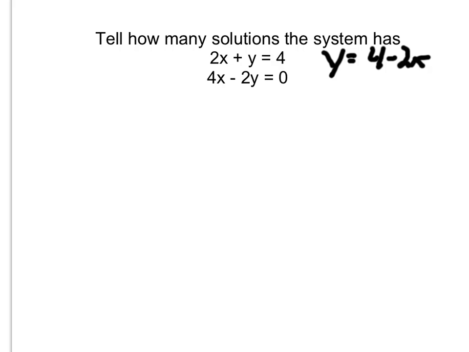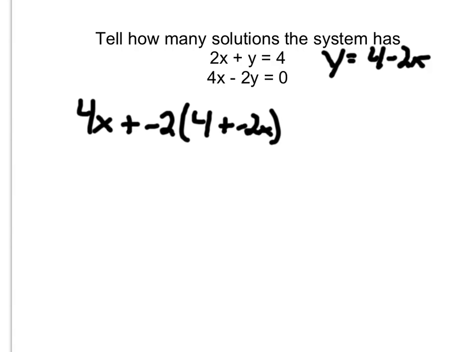Then I'm going to plug that into this equation. So I'm going to have 4x, and instead of minus 2y, it's going to be plus negative 2 times my y, which is 4 minus 2x, or 4 plus negative 2x. And that's got to equal 0.